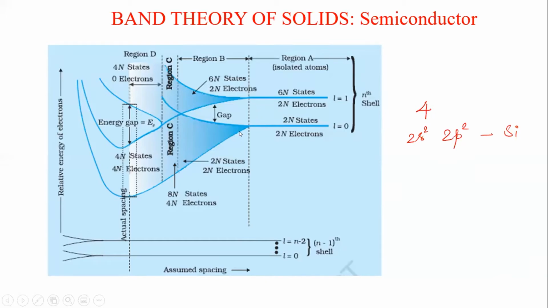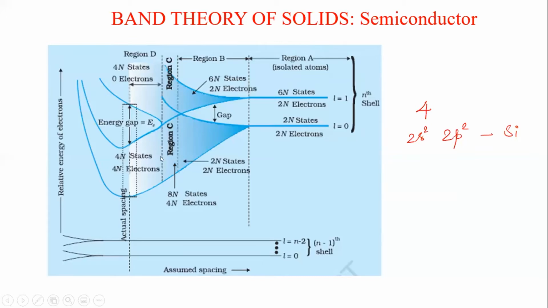Say, when they come closer from infinity, that is from region A, they are isolated, so there is no interaction. In region B, there is a slight interaction. The energy levels start to disperse, and in region C, the interaction is more. And when they come to the equilibrium distance in the lattice, you can see the dispersion.